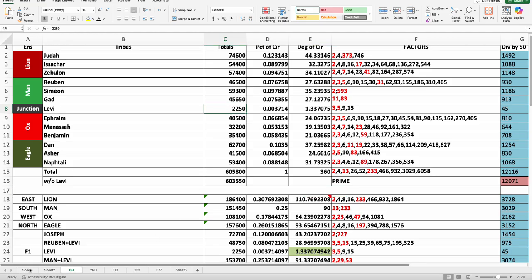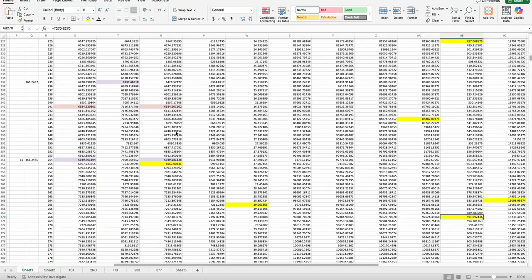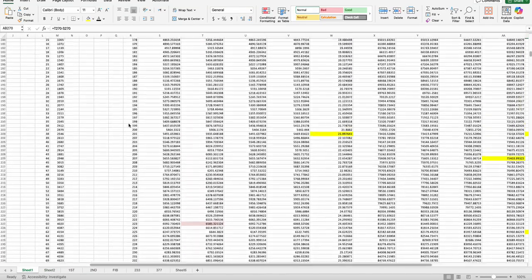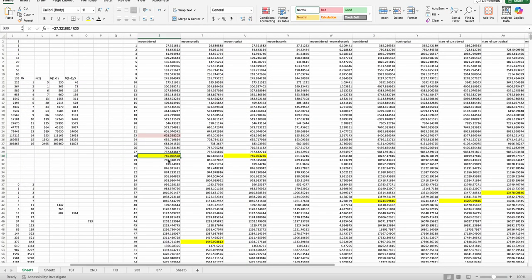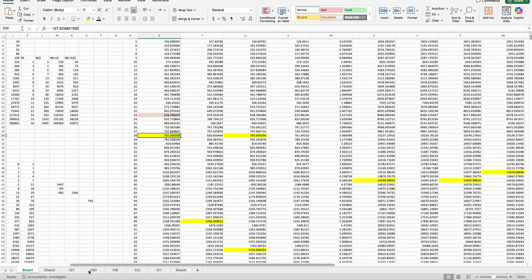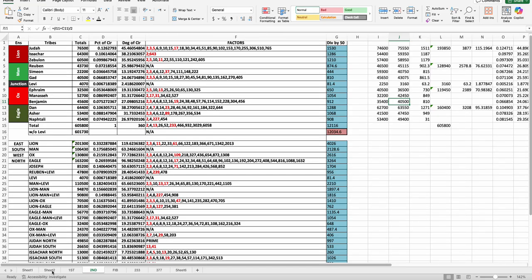So a lot of these numbers start showing up in here, just as our clean number for the moon sidereal, this 765, is a number that shows up in our second census with Judah. And people like to look at that 153 number, that's one of the factors of Judah's number right here. So I thought that was kind of interesting.